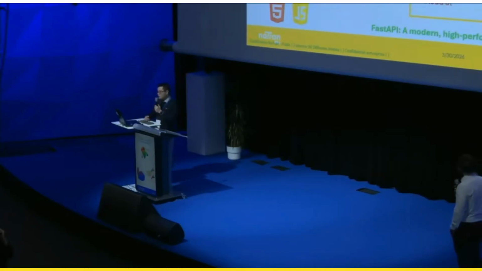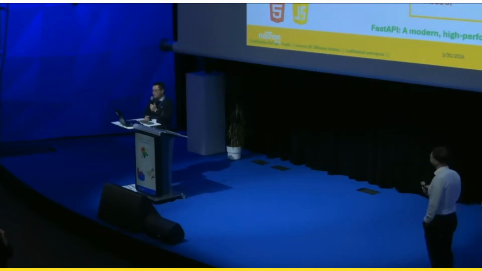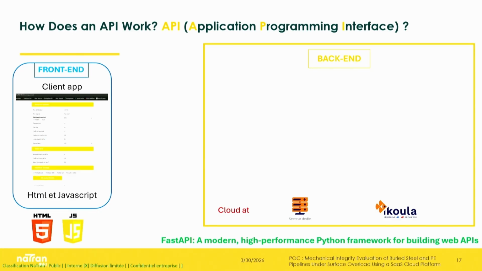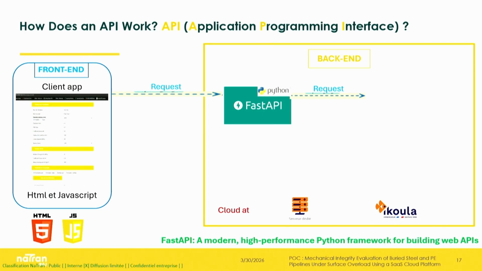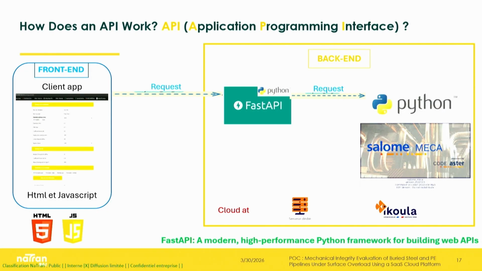This slide shows the pipeline of the application. A web client sends requests to a cloud backend built with FastAPI. FastAPI is a Python framework. The server runs Python and Salome-Meca. Then it returns the result to the web client.